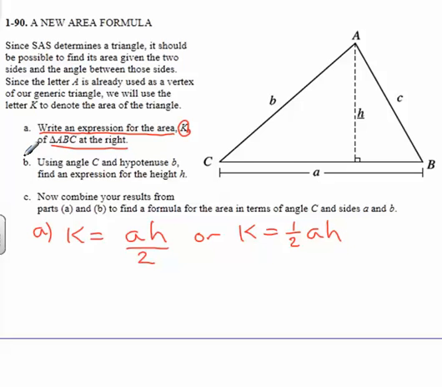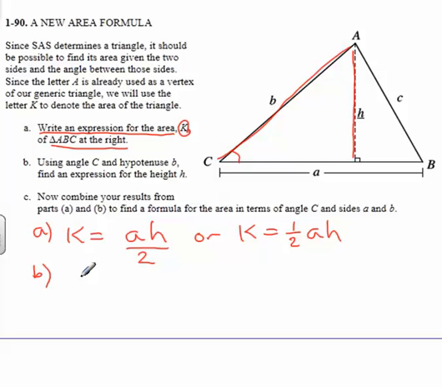Okay, so for part B, it says using angle C, here's angle C, and hypotenuse B, so this angle and this hypotenuse, find an expression for the height H. So this side right here.